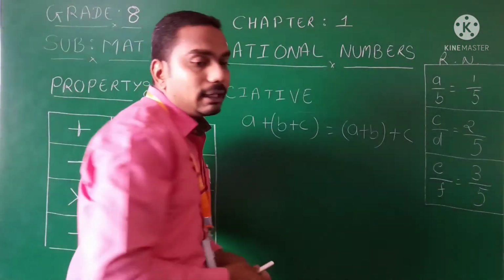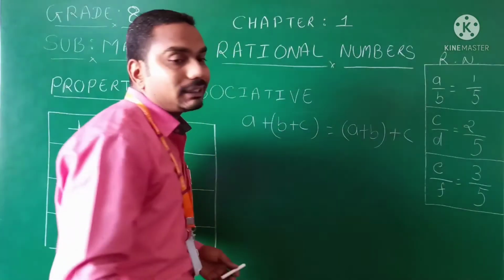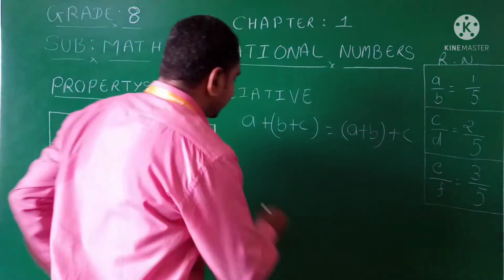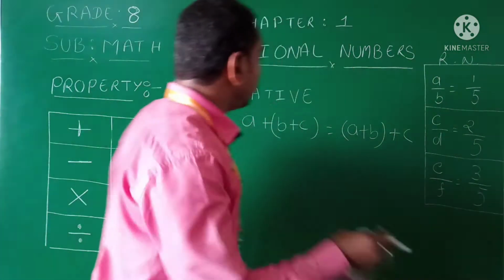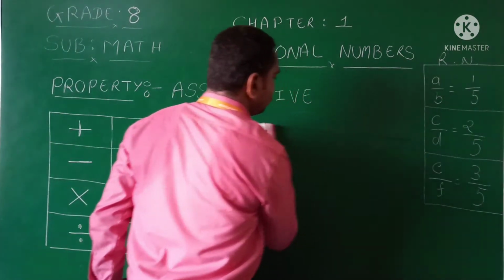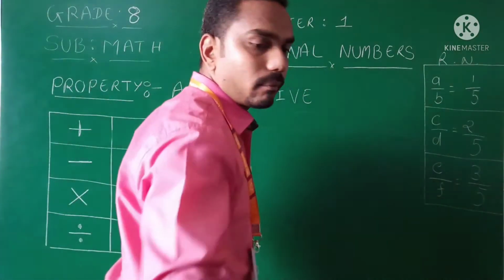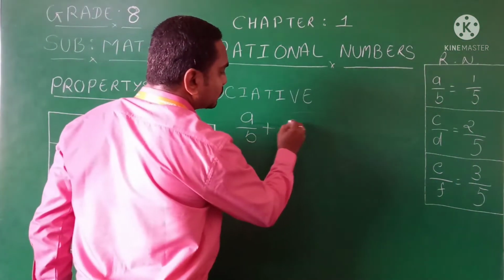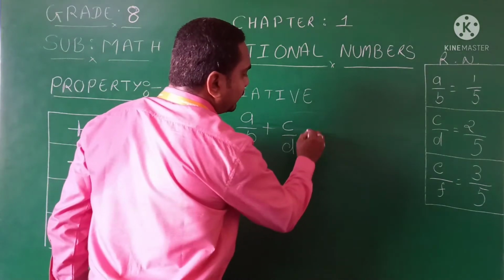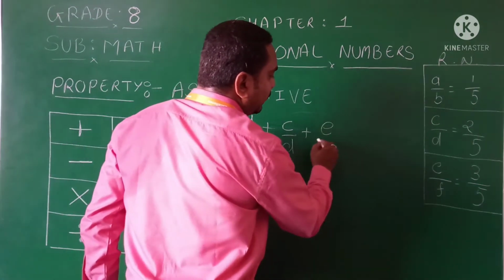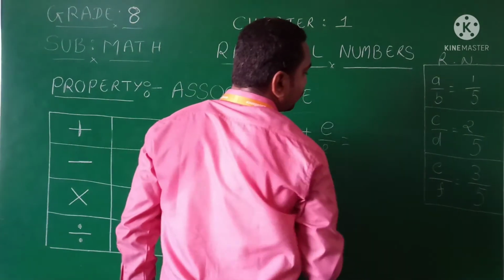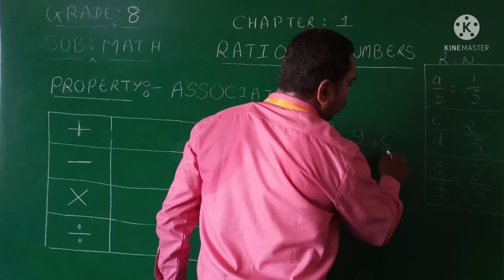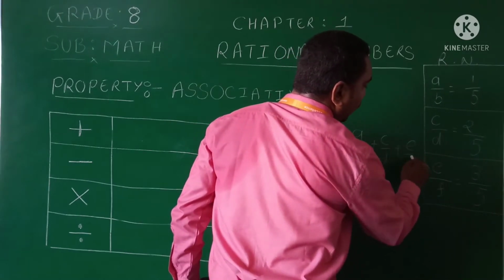So let's take a rational number here, and we will understand that the same thing should apply for the given number. For example, let's move ahead with the three numbers we have: a upon b, c upon d, e upon f.